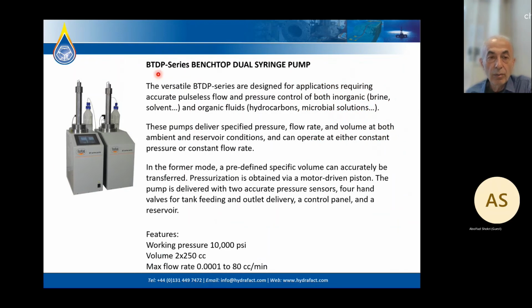So these are some more of the pumps that we have at HydraFACT, up to 10,000 psi, 250 cc, and a very small flow rate, down to 0.0001 cc per minute.